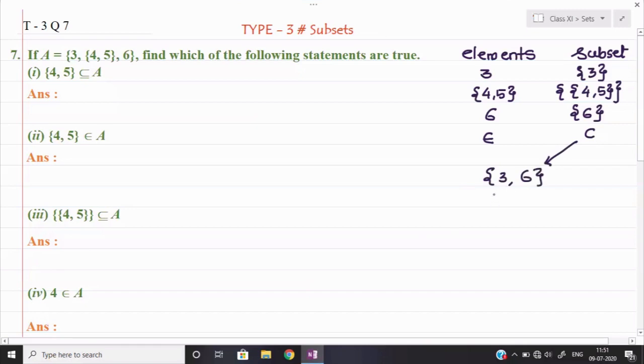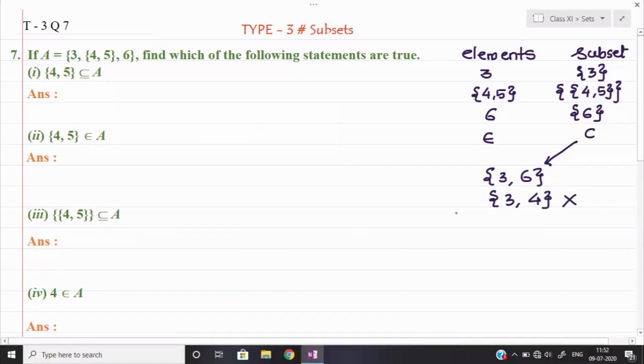But suppose you write 3 comma 4, so observe 4 is not an element of the given set. Along with 4 who is coming? 5, and along with 4 and 5 who is coming? Curly bracket. So whenever 4, 5 and curly bracket are written together, they form an element.